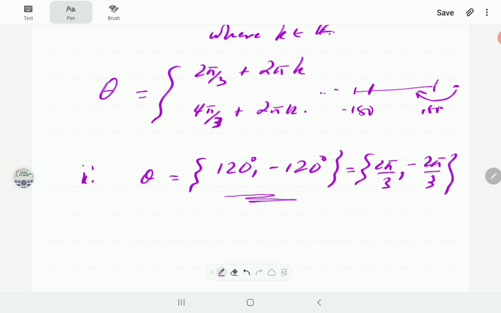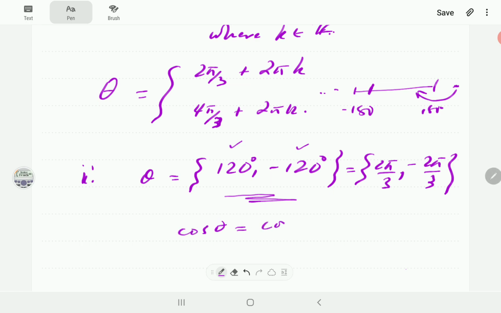Okay, so that completes that second example. Just notice that here, if we write them like this, you have got one angle and then the negative of the other, which is agreeing with what we said in terms of cosine being an even function.